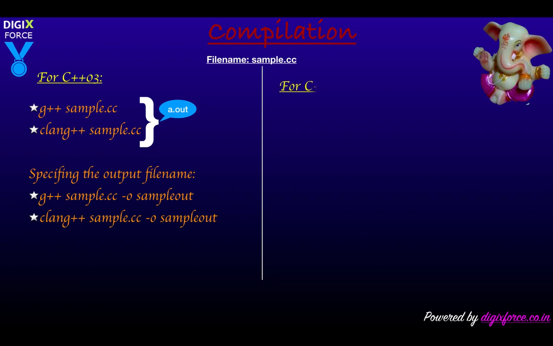For C++11, the flag you use is -std=c++11, and in the same way for clang++ also: clang++, then -std=c++11, then your file name. If you want to specify your output file, you can also write -o and then your output file name.